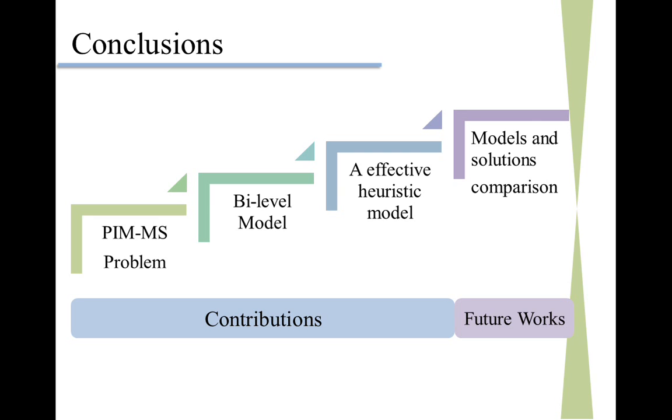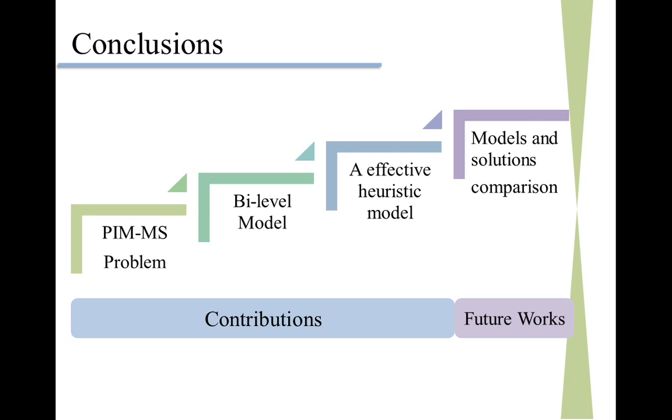Second, the bilevel model is developed to express the leader-follower hierarchical decision problem. Third, the heuristic model is studied to effectively solve original bilevel model. Further researches should concentrate on the model's solutions as well as comparisons with other facility interdiction problems.